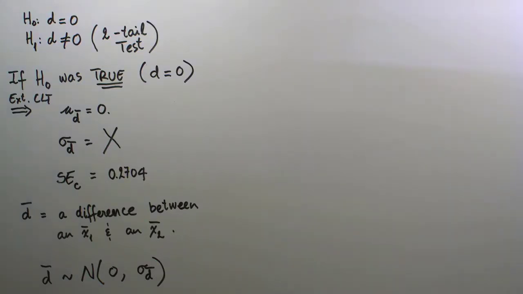So we know we have a bell curve for our random variable here. And so that is a consequence.